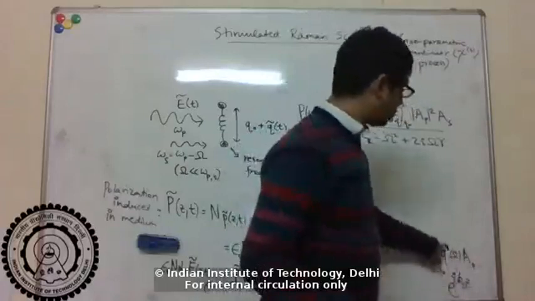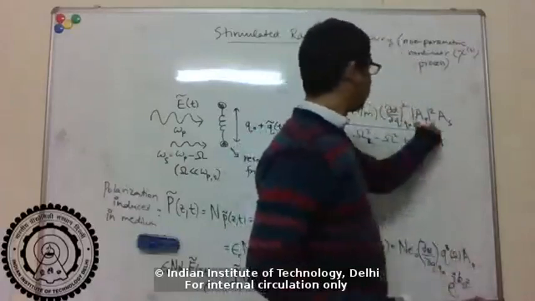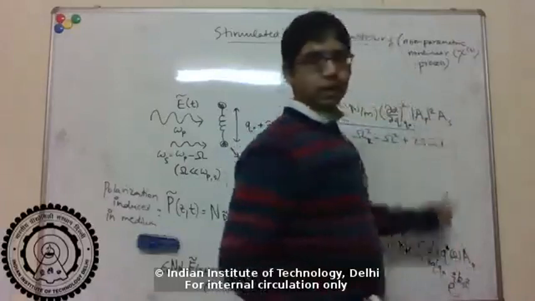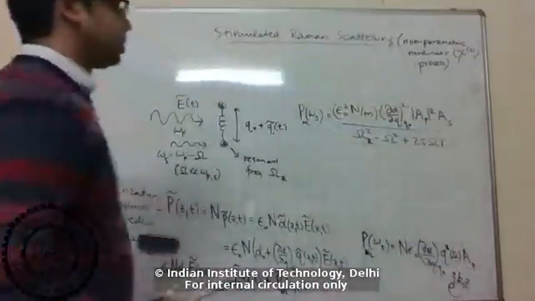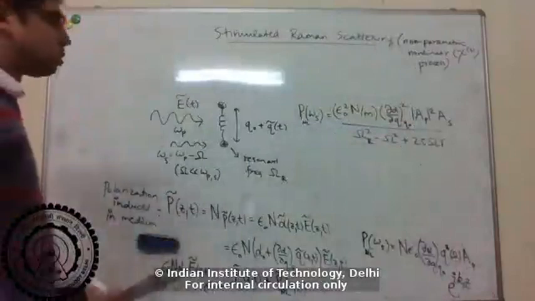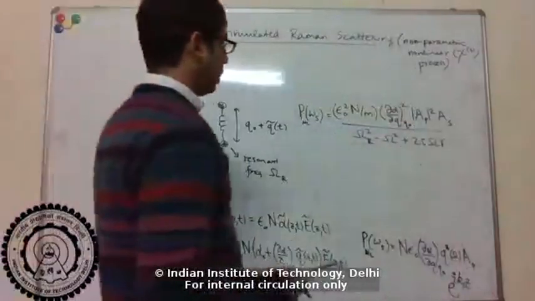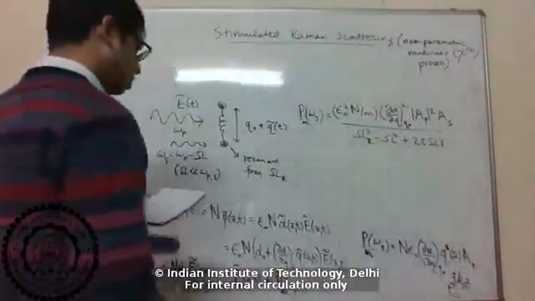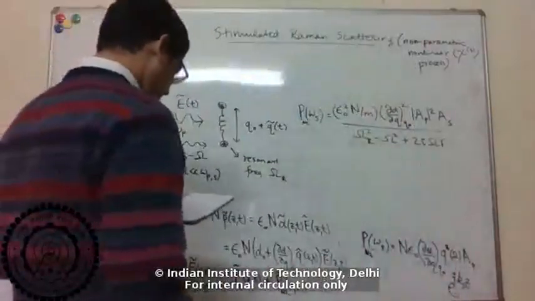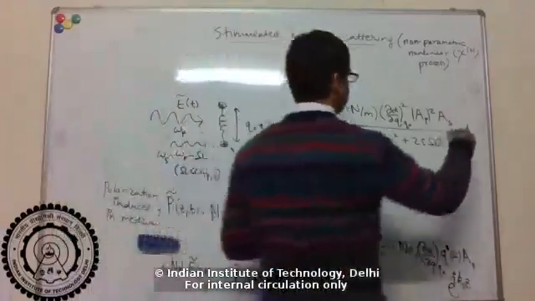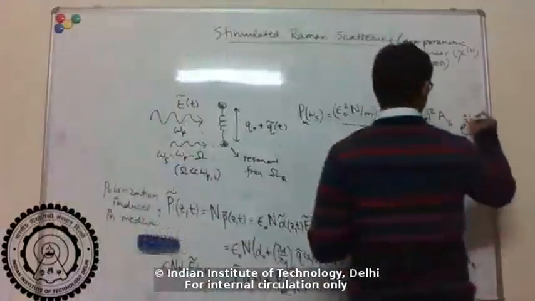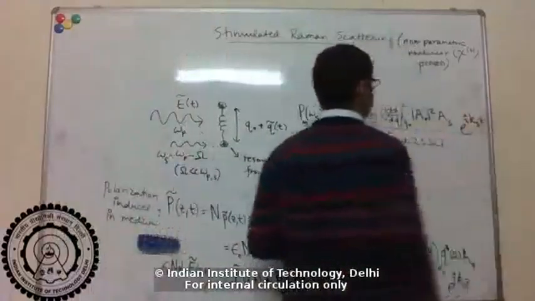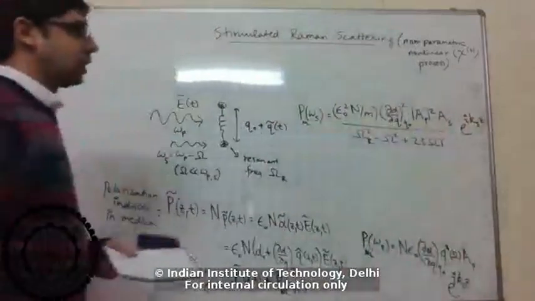So AP and we get AP conjugate AS from here, so we get mod AP square and AS. Okay, and this denominator is also coming from Q. And of course, we have this spatial part here, which goes as e to the i ks z.